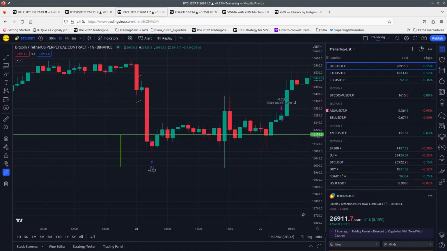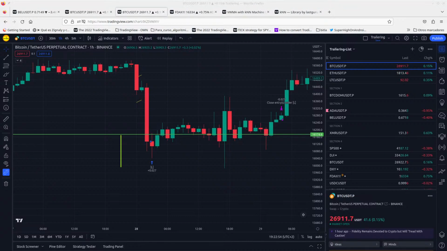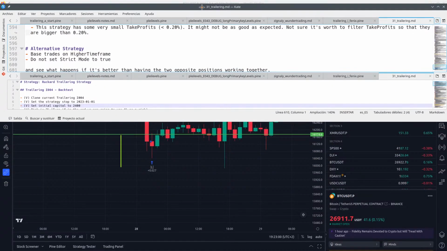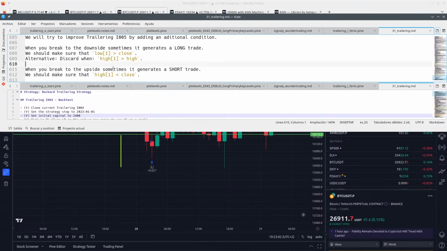Okay, let's write maybe this other rule, which is, so we want it to be a rule for long.